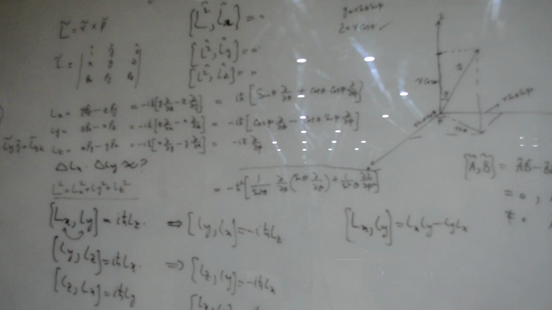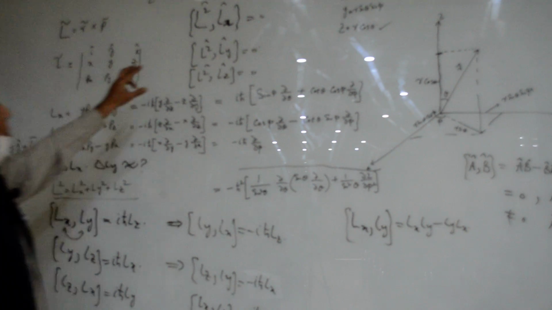Okay, so what we say in quantum mechanics, the angular momentum L is not a good physical quantity, but its square is a good physical quantity. Okay, its square is a good physical quantity.